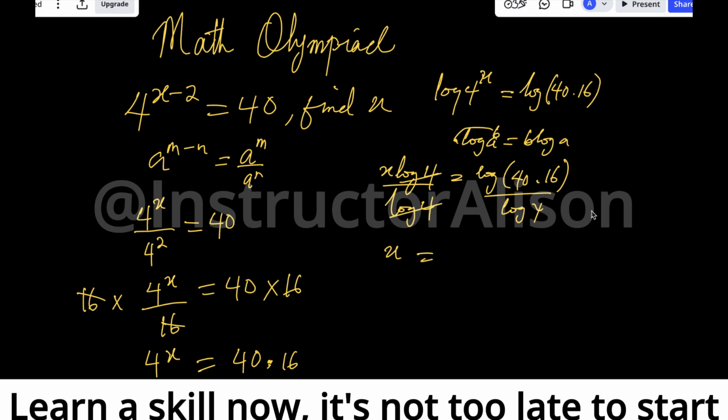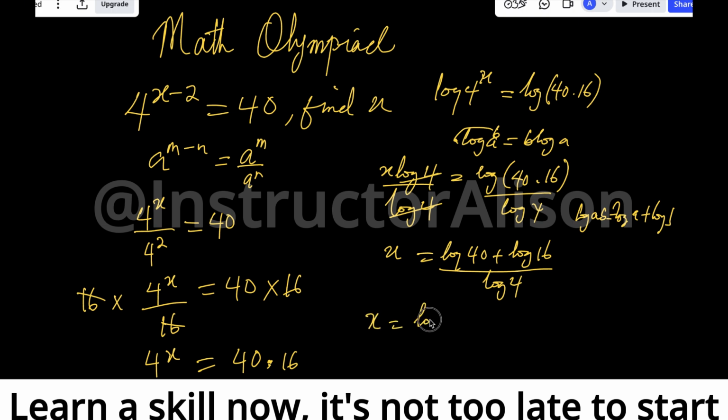If I have the logarithm of AB, this will be the same thing as the log of A plus log of B. That's what I want to apply on the numerator. So I have log of 40 plus log of 16, and I will divide by log of 4. So that means I can handle this individually. I could say x equals log of 40, since we have just a single denominator, divided by log 4 plus log of 16 divided by log 4.